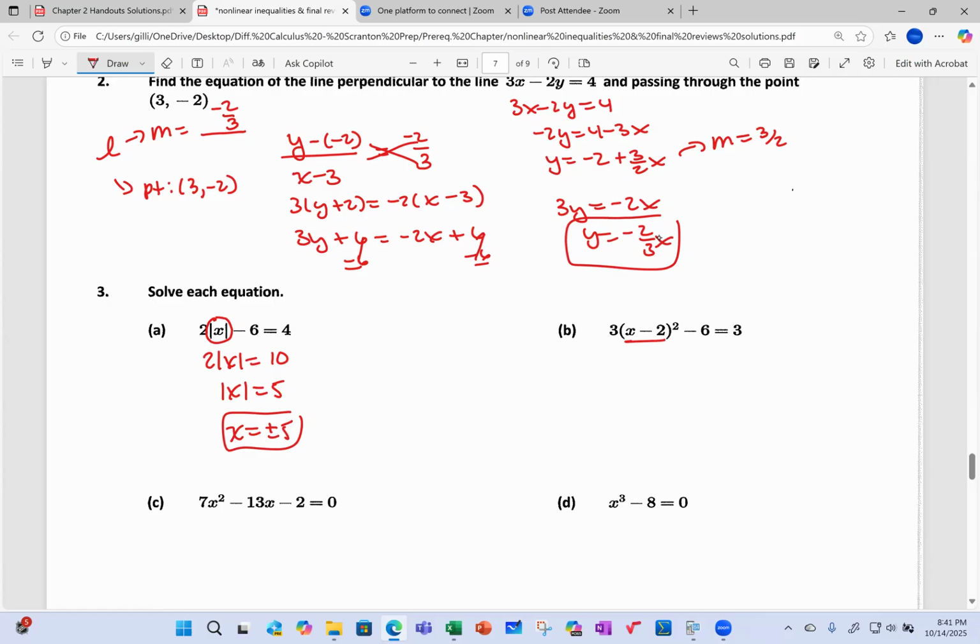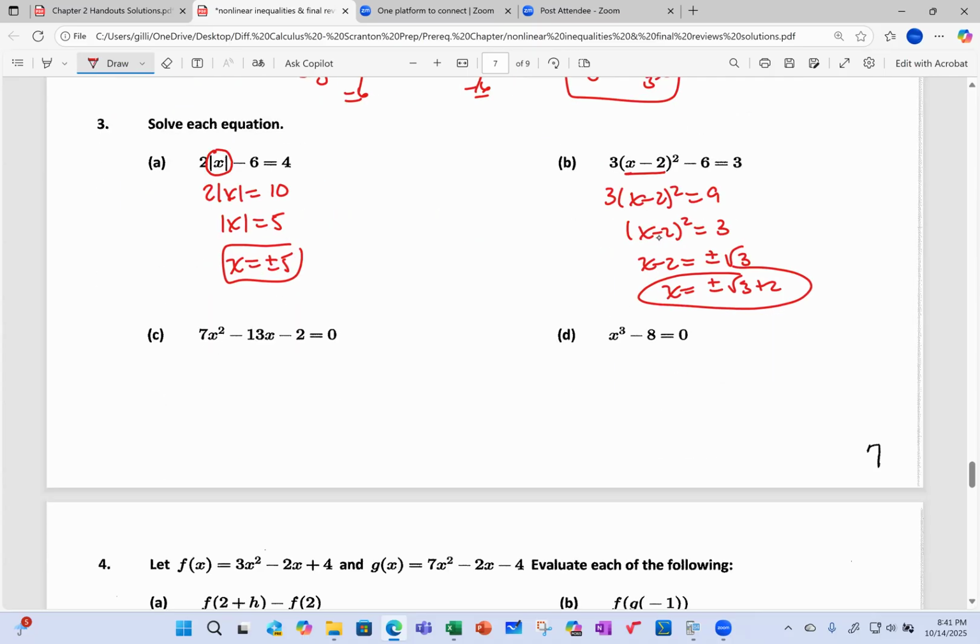You can get the x alone by adding 6 to both sides to get 9, and then dividing by 3 to get 3, because 9 divided by 3 is 3. You undo the square by plus or minus the square root, and then add the 2 over. And there are my solutions. Irrational solutions occurring in conjugate pairs, by the way.